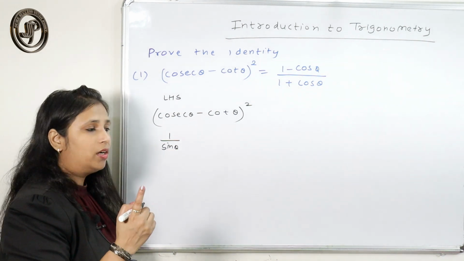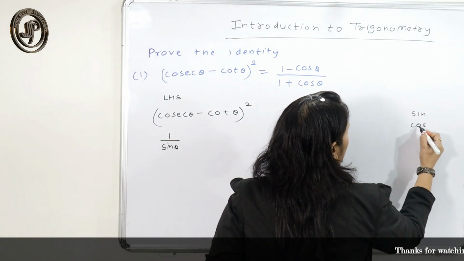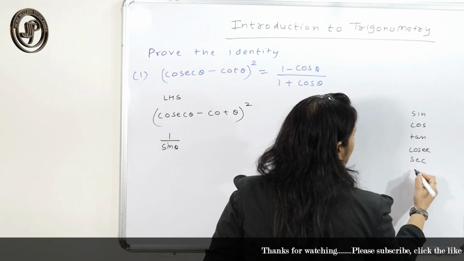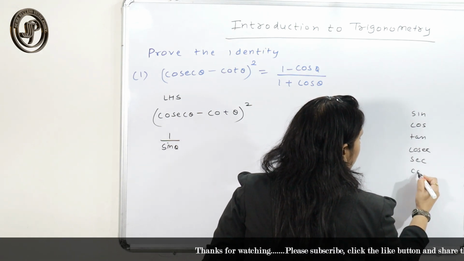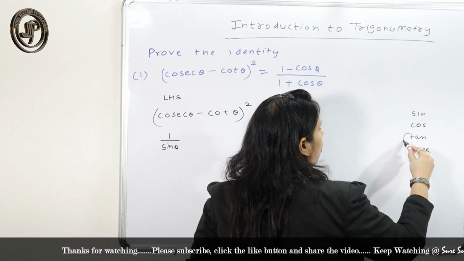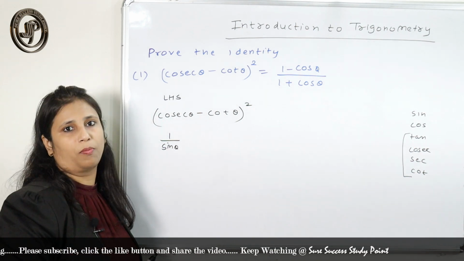We have the 6 trigonometric ratios: sine, cos, tan, cosec, sec, cot. My first step is to convert these 4 into sine cos form.